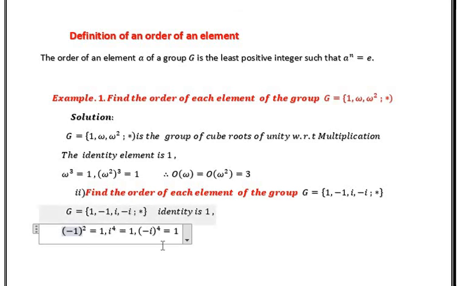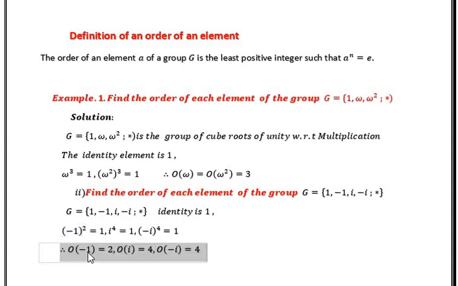Similarly, minus i whole to the power of 4 is equal to 1. Hence, the order of minus i is also equal to 4. Now, order of 1 is equal to 1, order of minus 1 is equal to 2, order of i is equal to 4, order of minus i is equal to 4.